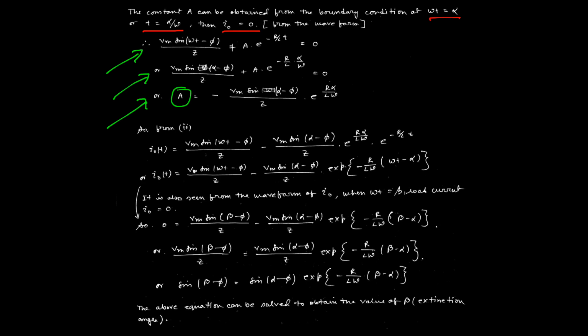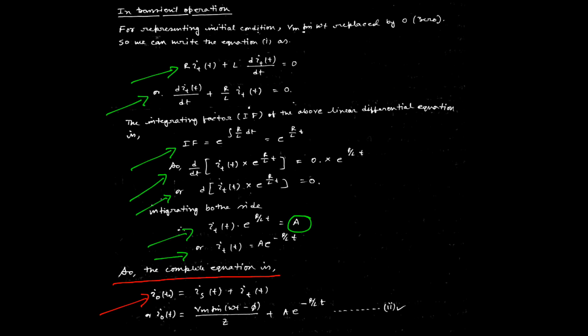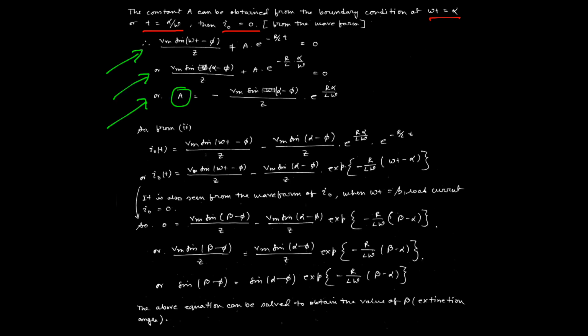Now we can put this value into equation number 2. Then we will have the expression, that is I0(t) equal to Vm sin (omega t minus alpha) by z minus Vm sin (alpha minus phi) by z into e to the power R alpha by L omega into e to the power minus R by L t.